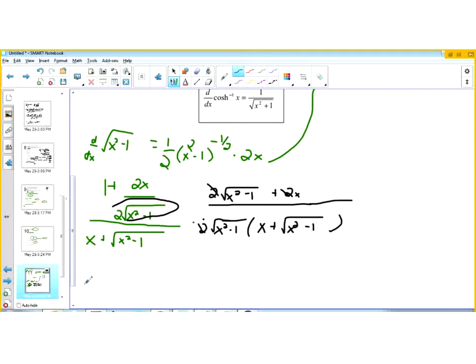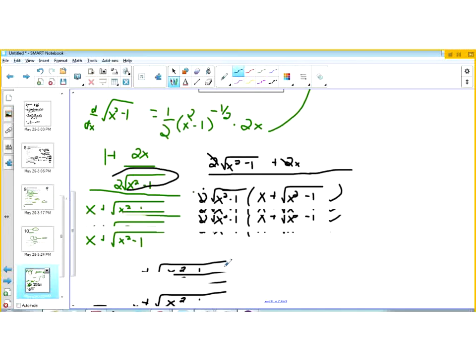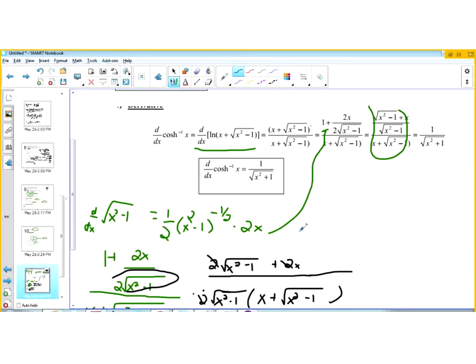So upon further simplification, we'll have x plus the square root of x squared minus 1 divided by x times the square root of x squared minus 1 plus x squared minus 1. Okay, let me check. So far so good.